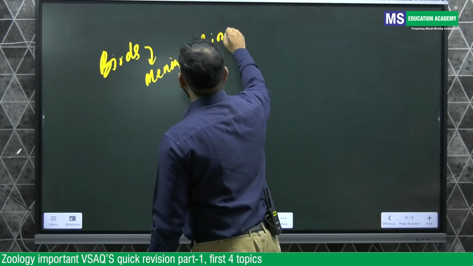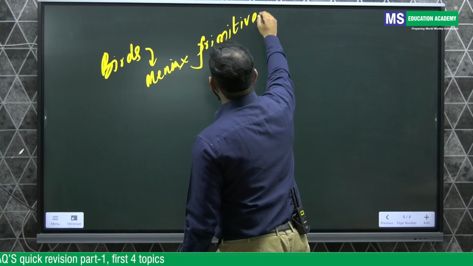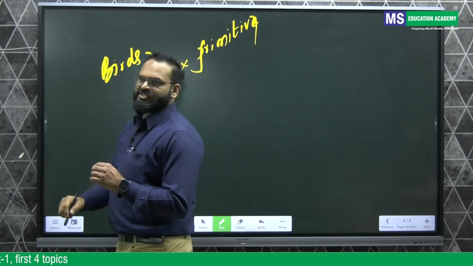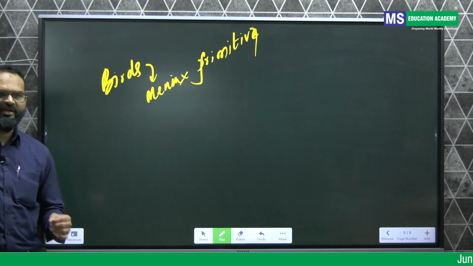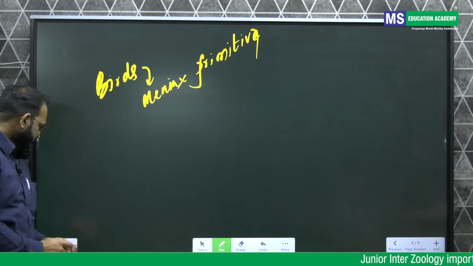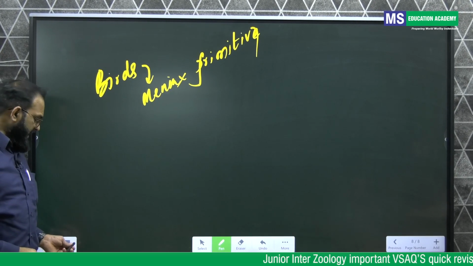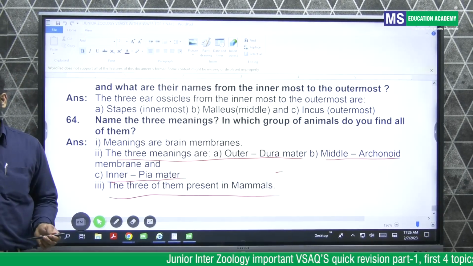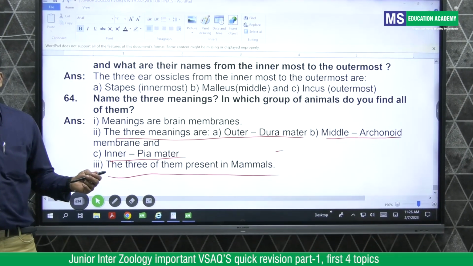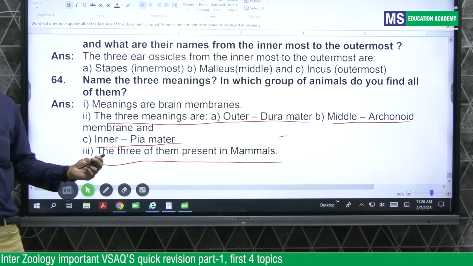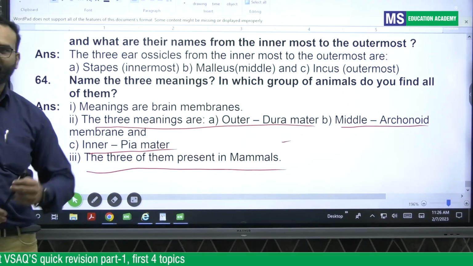In mammals, 3 layers are present: outer dura mater, middle arachnoid membrane, and inner pia mater.